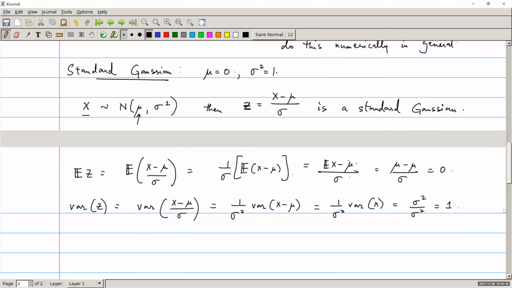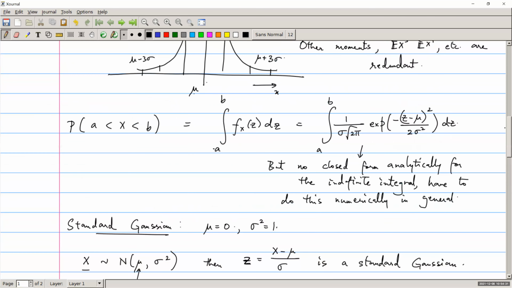This is important because most of the computations we do numerically, and right now we can just feed it into a computer, it's not a big difference. But in the past, the way people would do these integrals was they would look up tables. When you're going to look up tables to do integrations like this, there is no reason to print a separate table for every value of mu and every value of the standard deviation.